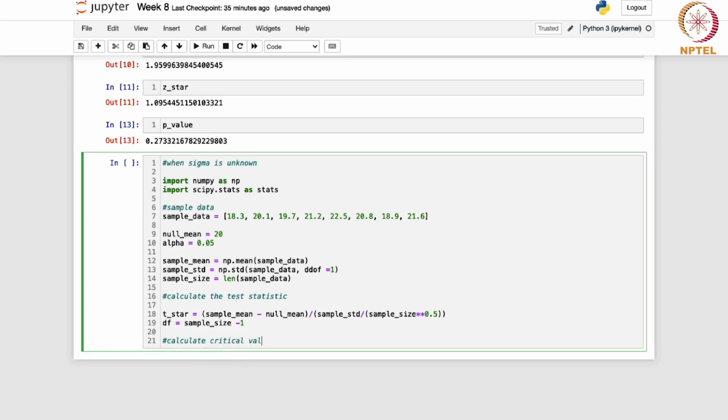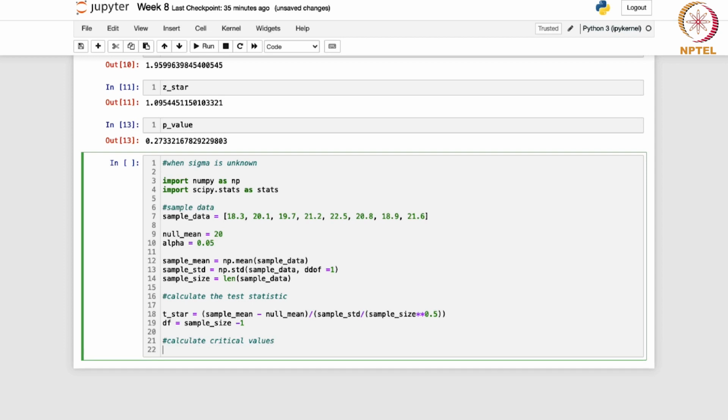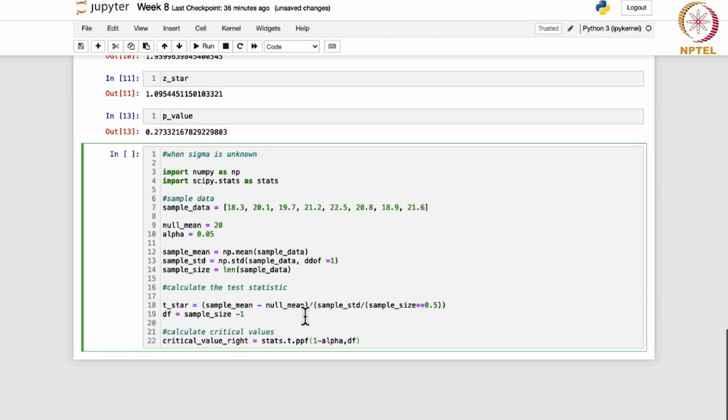Calculate critical values. First of all, we will calculate the critical value for the right-tailed. For right-tailed, as you know, we will use stats.t.ppf. In the previous one, we used stats.norm.ppf. And here again, it will be 1 minus alpha. And here, in addition, we will also specify the degrees of freedom.